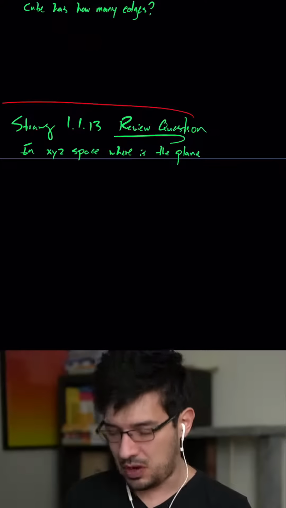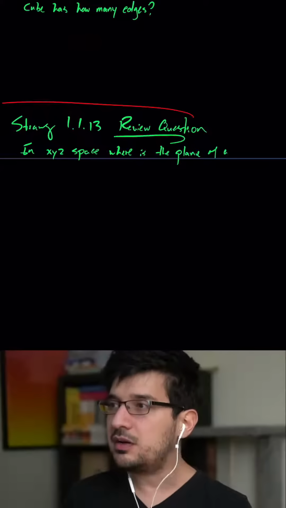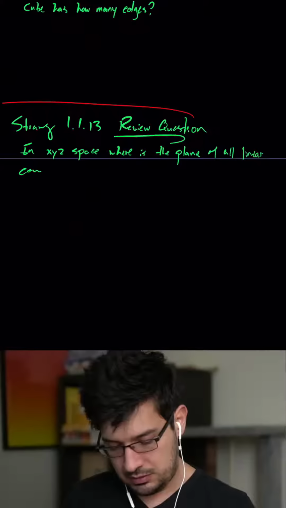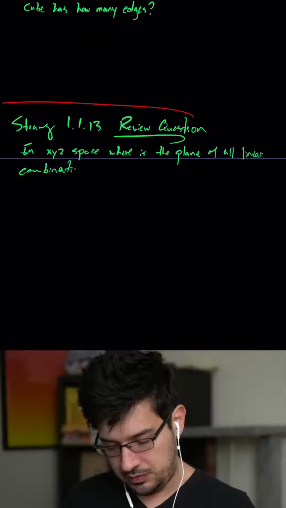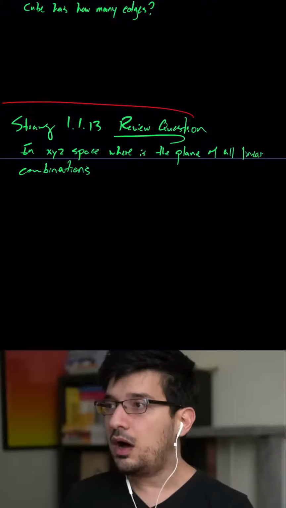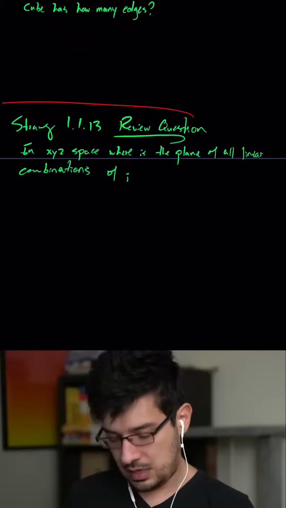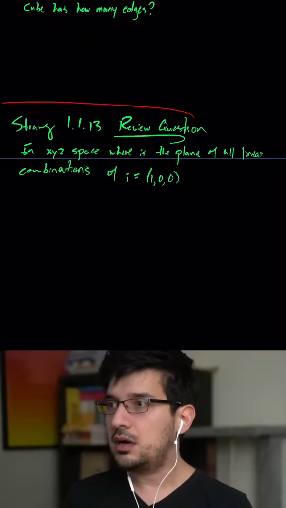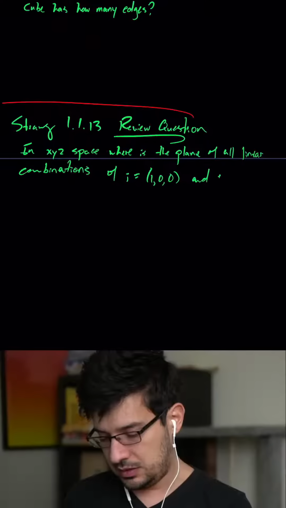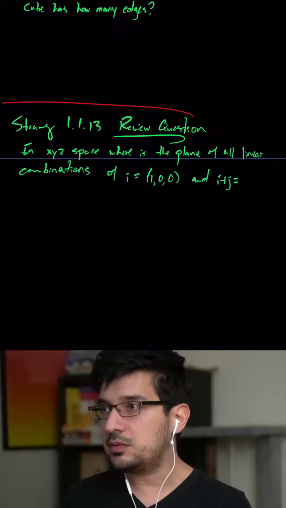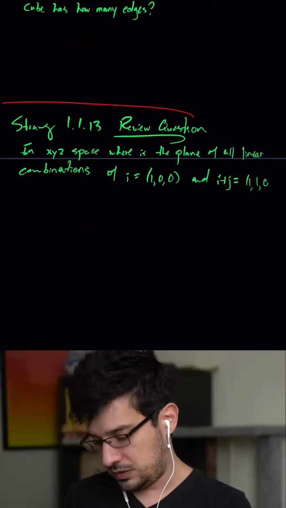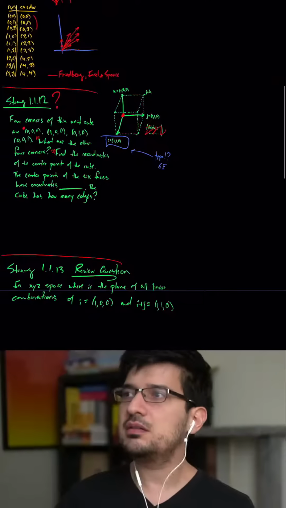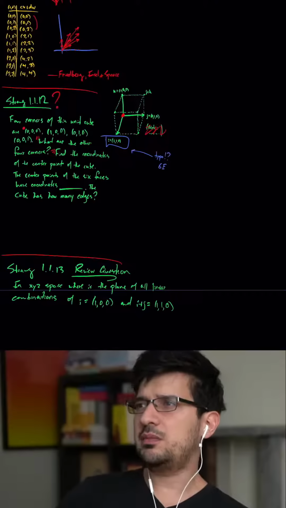I can't draw very well. Where's the plane of all linear combinations of I equals 1, 0, 0, and I plus j equals 1, 1, 0. Okay, I plus j equals 1, 1, 0. That makes way more sense.